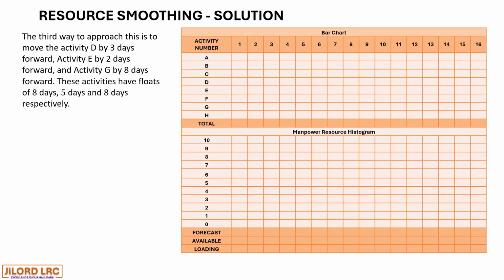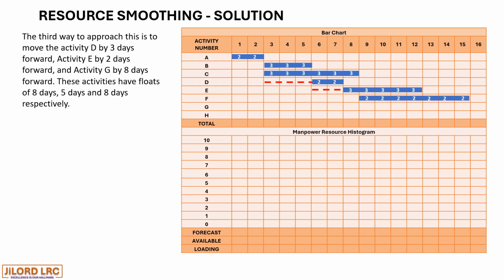So activity A remains where it is, activity B remains where it is, activity C remains where it is, but D would have to be moved forward by 3 days, and E would have to be moved forward by 2 days, and activity F remains where it is because it's on a critical path. Then activity G would also be moved within its float of 8 days, and activity H remains where it is.